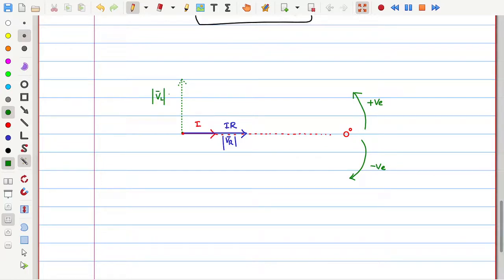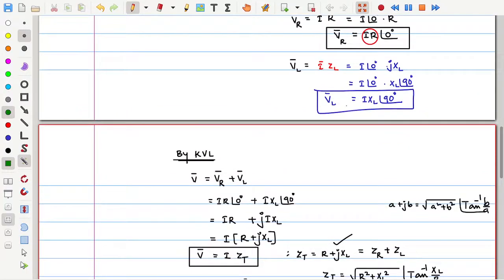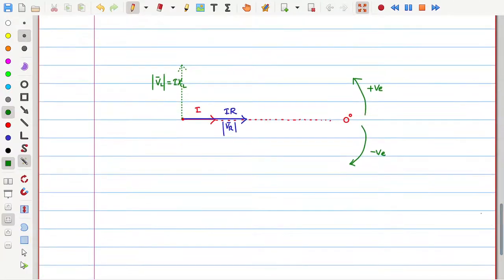How much is the VL bar magnitude? Tell me. I into XL. VL bar is equal to I into XL. The angle is 90 degrees. You can see here, this is 90 degrees.